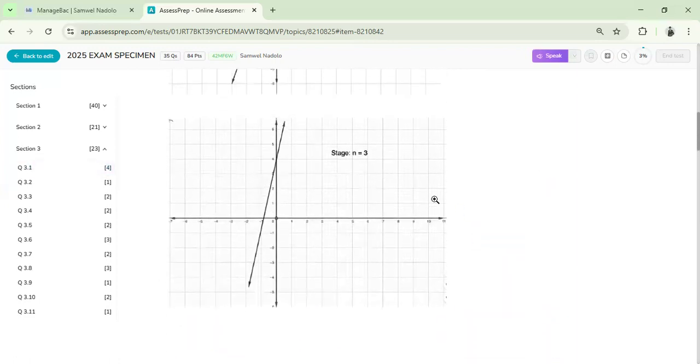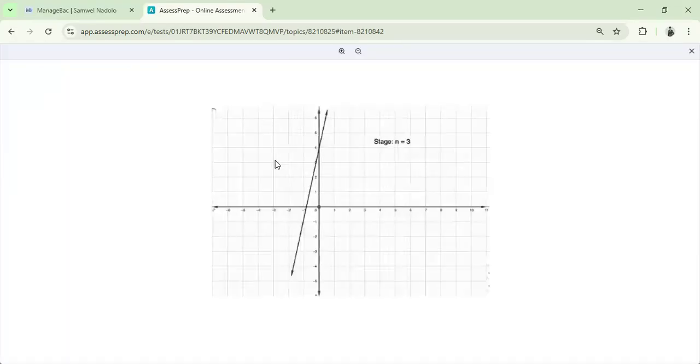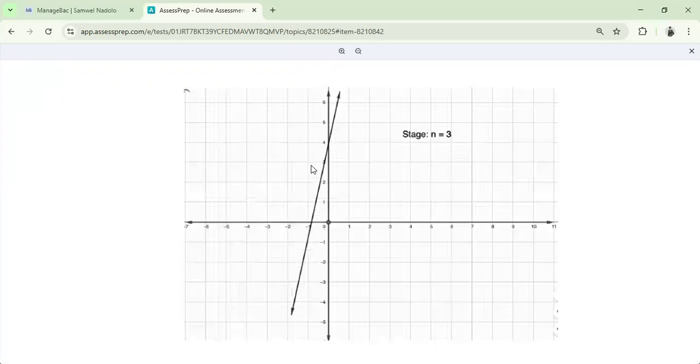The last stage, the y-intercept is 4 here. And let me expand it. The y-intercept is 4. Choose any other point on the line and see how you can use that to rise or run. For example, I'm choosing this point here, which is on the line. This one you can read the scale, so you can choose any point.